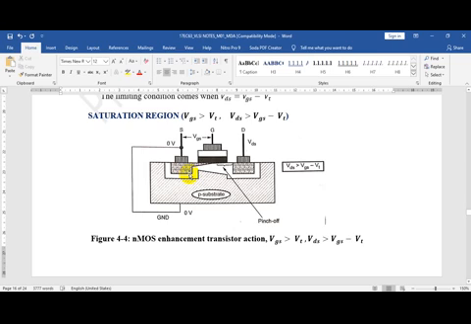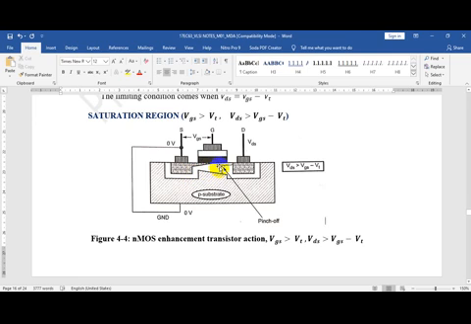Remember, the conduction in the saturation MOSFET is not due to the diffusion of electrons, but due to the drift of electrons. In nMOS, since electrons are the majority carriers, the mobility of electrons is higher. That's why nMOS is preferred over PMOS.